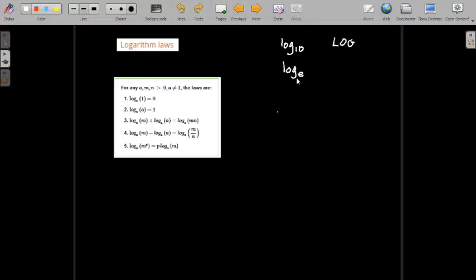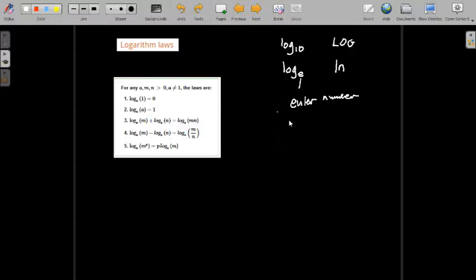This number e itself is called Euler's number. So Euler, obviously a mathematician. And like pi, it is a transcendental irrational number that has great importance in higher mathematical studies. Basically you'll see that quite a lot. On your calculator, you find log e as ln. So if you see ln, it means the natural log, or log base e.